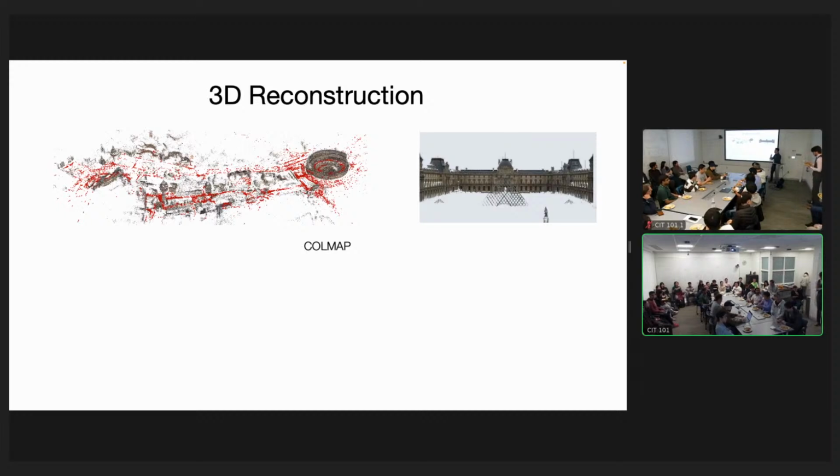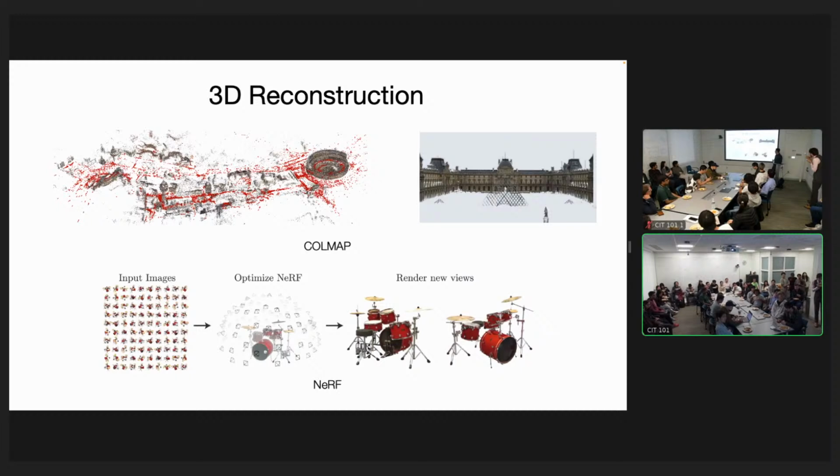It takes a huge amount of ordered or even unordered images and recovers the poses of cameras and also does a sparse reconstruction of the scene, and later you can do something like multi-view stereo to densify it, right? And about 4 years ago, this exciting technique was introduced, neural radiance fields, and more recently 3D Gaussian splatting. And now with probably denser input, we can really have photorealistic rendering of the scene.